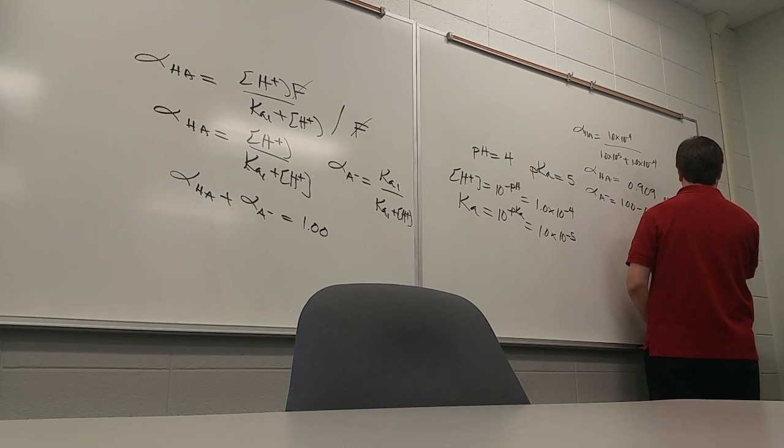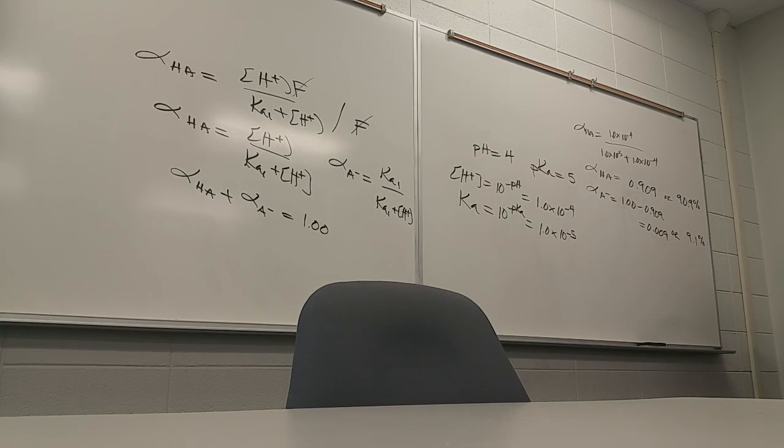So about 9.1%. And that kind of makes sense again, in that about 91% of the acid is in the protonated state, and about 9% of it is in the deprotonated state.